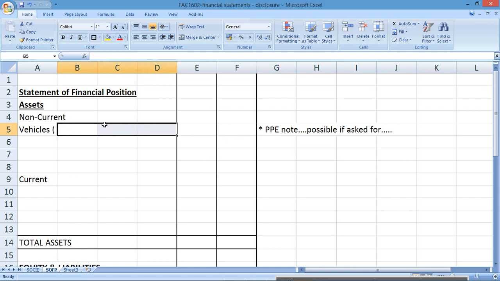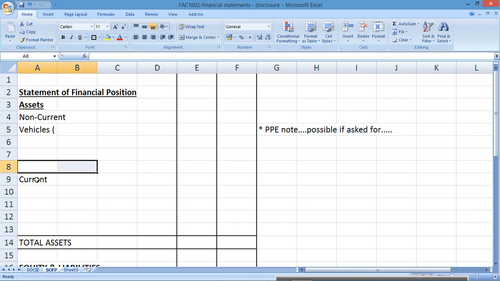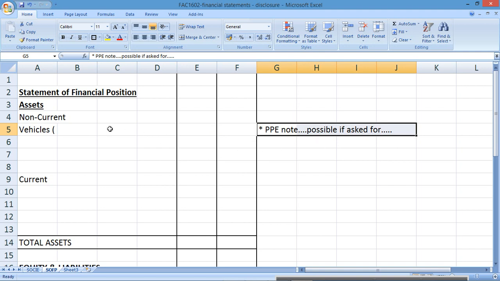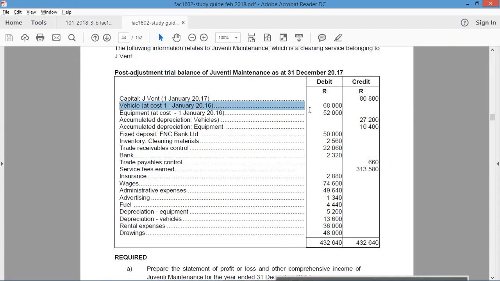So vehicles is just one of those assets that are going to be shown in the actual note.